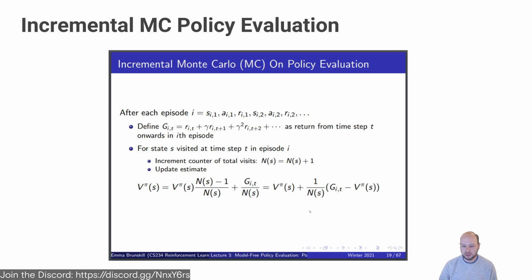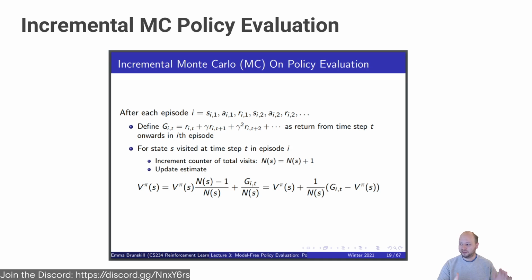In the early days, when we've only seen the state once or twice, we're going to be aggressively changing our value estimate. But as we have more and more knowledge, as the number of times we've seen that state goes to infinity, eventually this baseline goes to 0 by definition. So we're creating this incremental adjustment to our value function as we see more and more data related to that state.